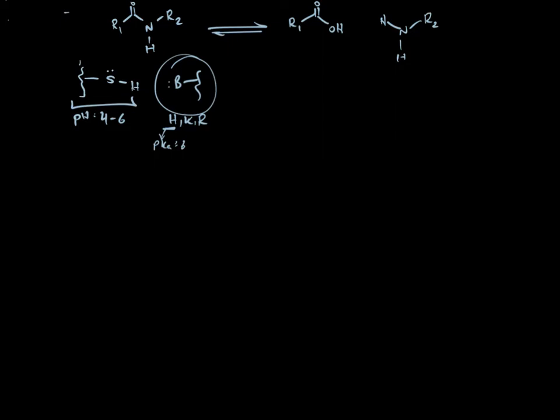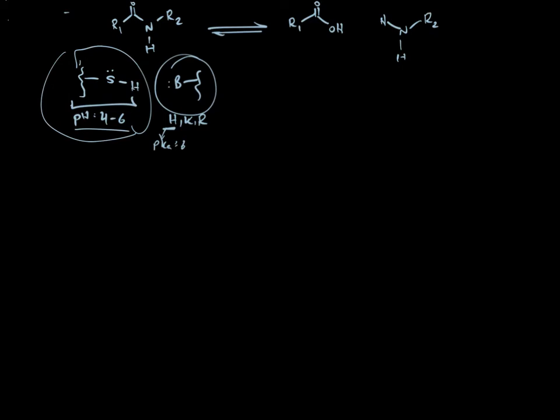So this base, this sulfur group, it acts at a pH of 4 to 6, and so that's when this base will also be very, very good in operating. These have much higher pKa's, and so they won't be as functional as the histidine. So we've established that histidine is our base for the reason that its pKa is very similar to the environment, which is 4 to 6.